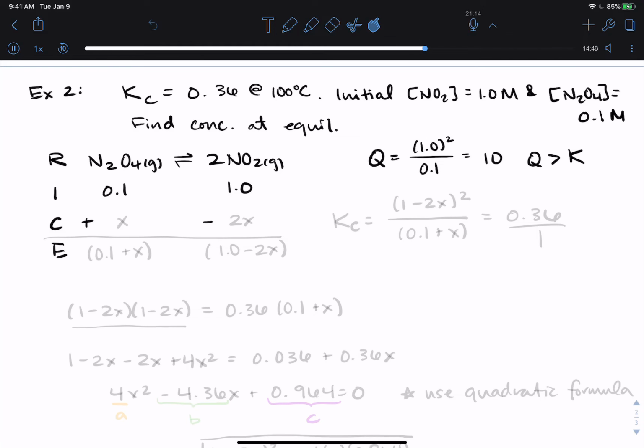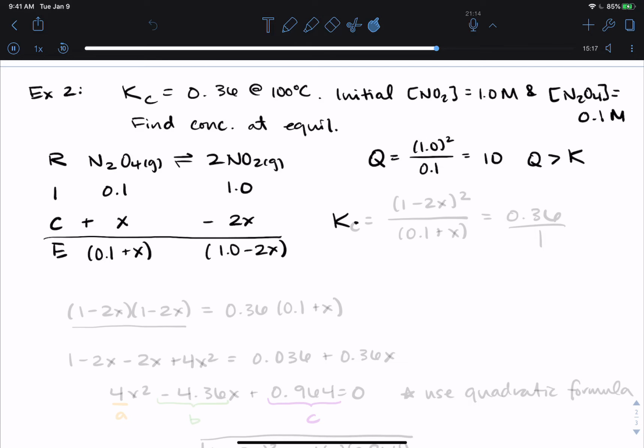Based on the stoichiometry of the reaction, I will lose 2x and make x. So at equilibrium, the N2O4 concentration is 0.1 plus x, and the NO2 concentration is 1.0 minus 2x.